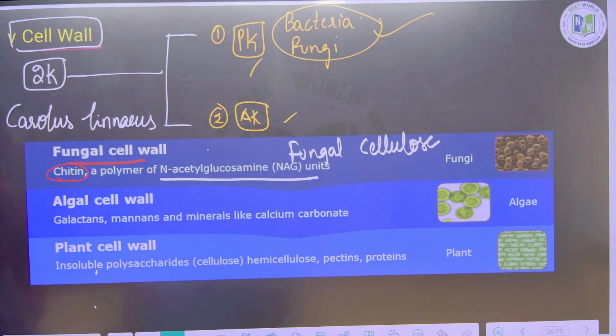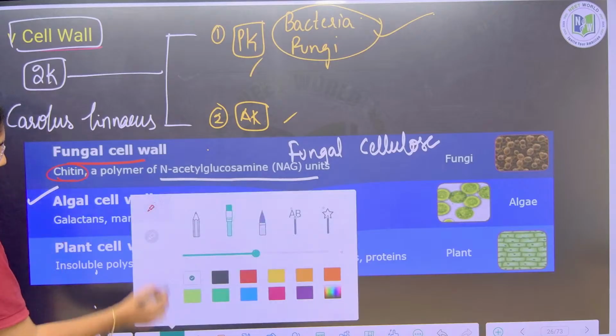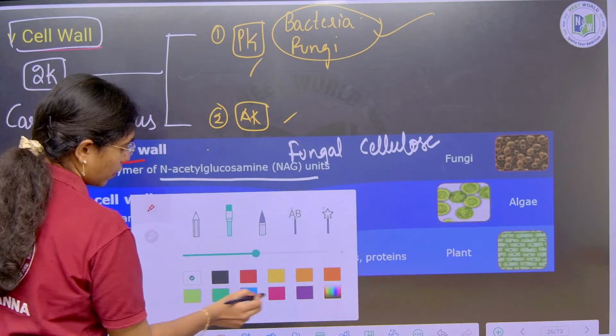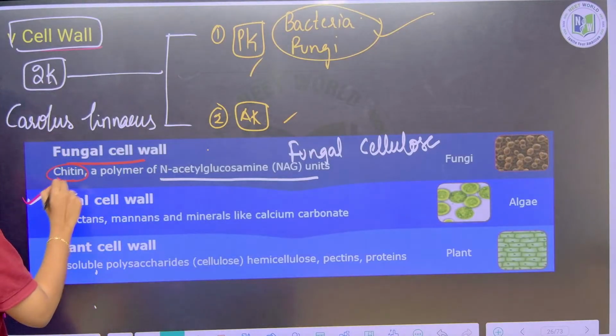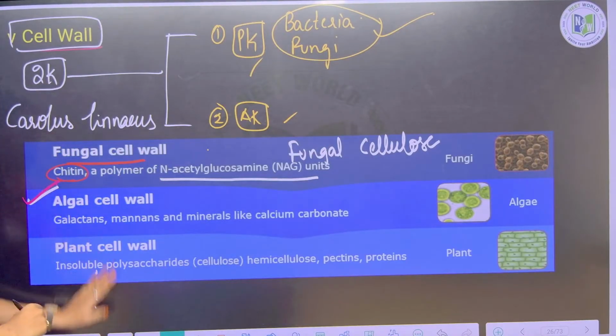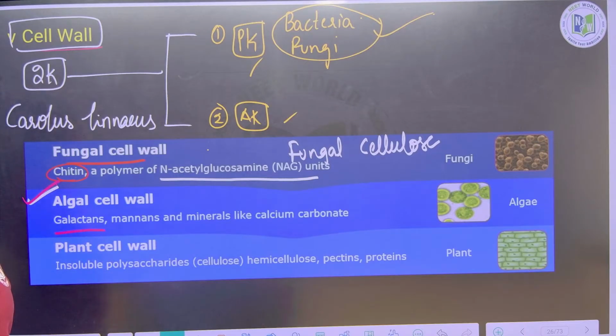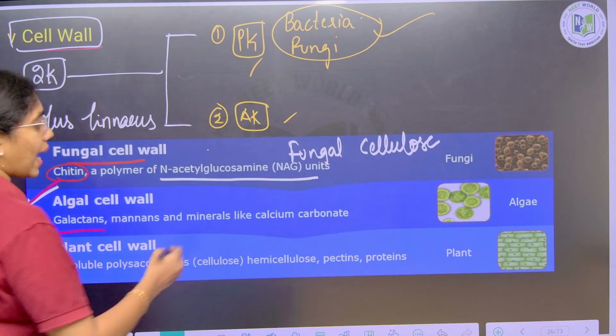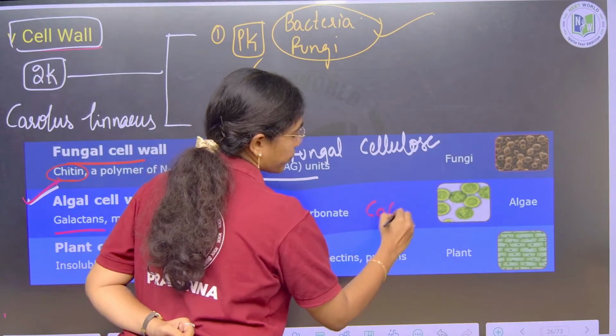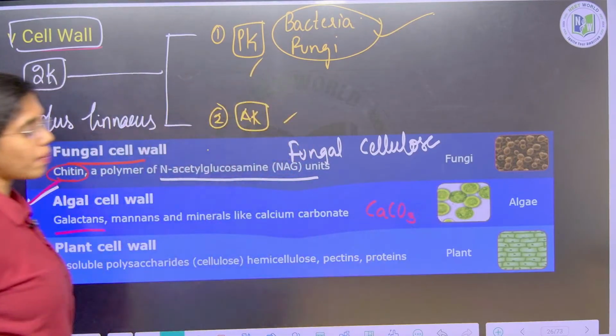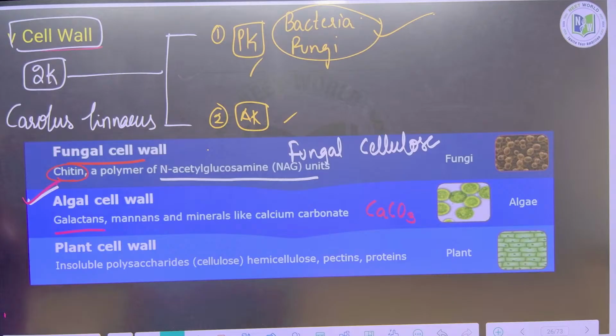Second is what? Algae. Algal cell wall consists of galactans, mannans and minerals like calcium carbonate.